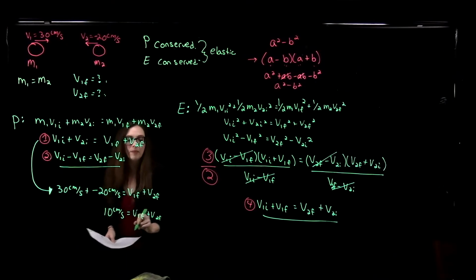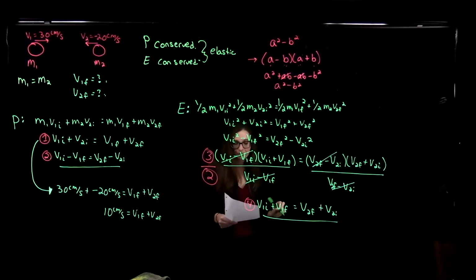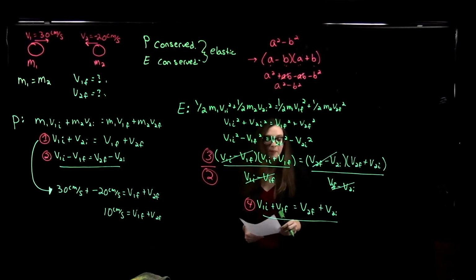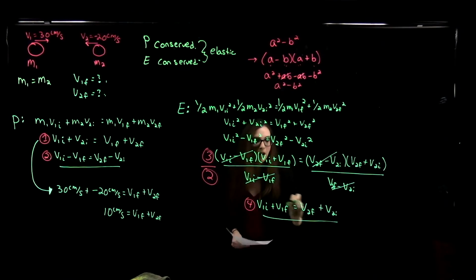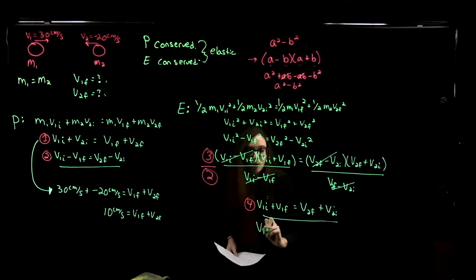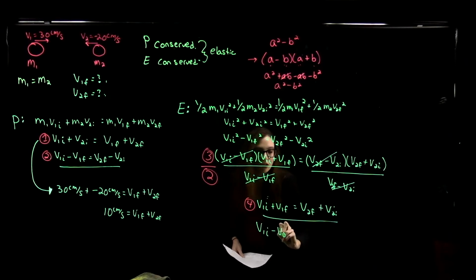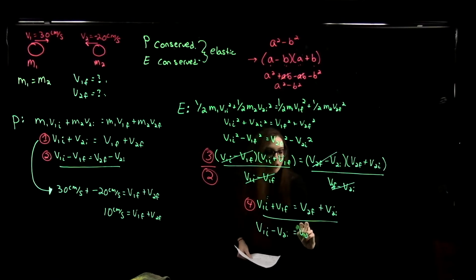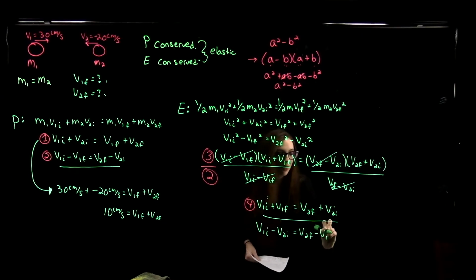Okay, and then over here, I can solve this for, I'm going to move my initial terms over to the same side. I've got v1 initial minus v2 initial equals v2 final minus v1 final.